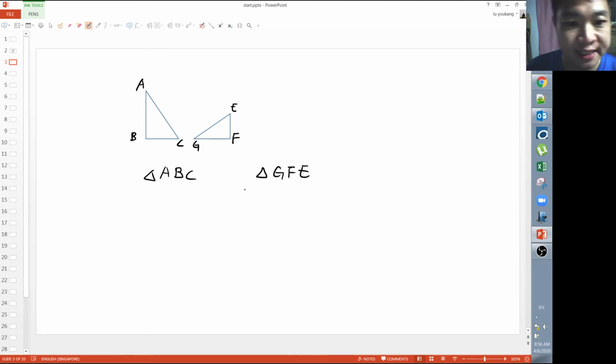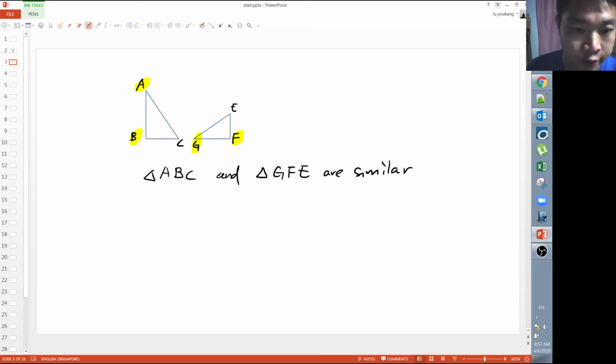I hope you can see your point A matches with your point G here, and then your point B of this triangle matches the point F of this triangle. So therefore, you want to prove the triangles similar.